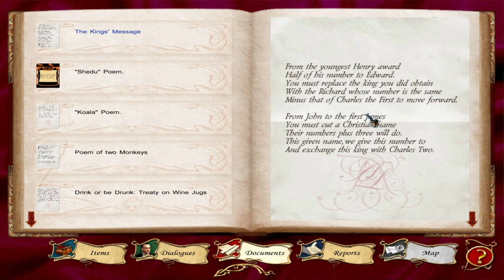Then John and James. Okay, so John 1 and then James 1 plus 3 is Henry the Fifth. And then replace. Yeah, okay. So this given name, we give this number 2. Okay, that makes sense. And exchange with King Charles II. Okay, okay.